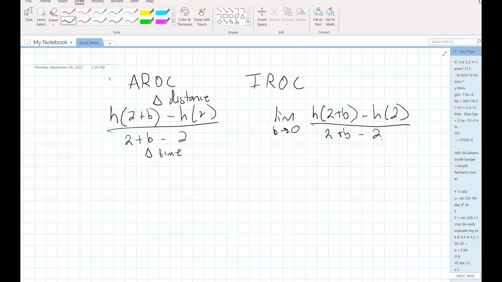Okay, so the average rate of change is the change in distance over the change in time over an interval.